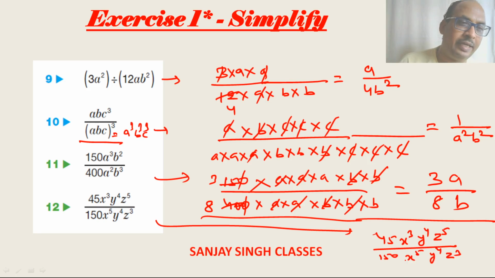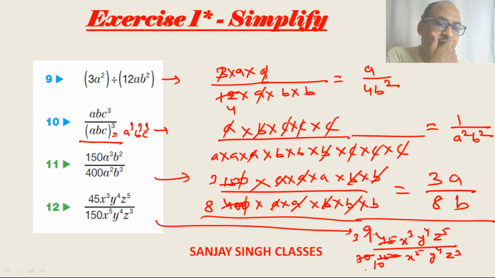Now I am going to solve directly, but for your solution you can write 45 into x into x into x, then y into y into y into y 4 times, then z 5 times. Like this you can do it. Okay. First of all, let me cancel this one with the 5 I can do, 5 9 ja 45, and this one I can do 5 3 ja 15, so 30. Then again with 3 we can cancel, 3 3 ja 9, 3 10 ja 30. So 3 by 10 we have got for this one. And x cube, here it has become x square. Okay.